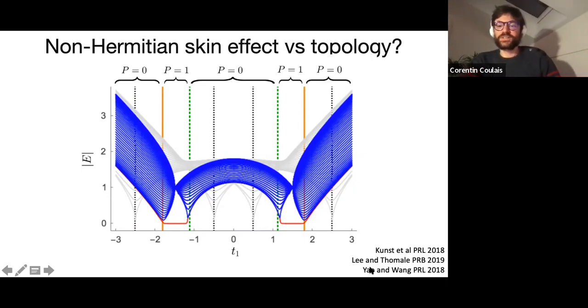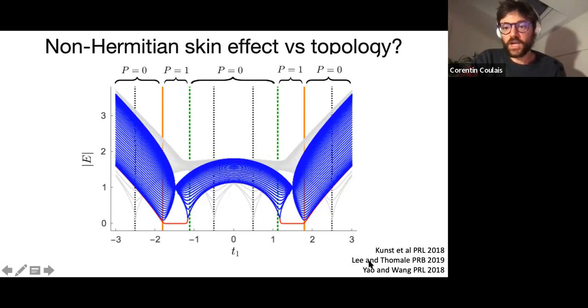All right. So what people have proposed here are different approaches to solve this. Basically, one way is to make sure you look at the correct observables, so you don't necessarily look at the right eigenvectors or the left. Corentin proposed to define the observable based on the biorthogonal expectation value.